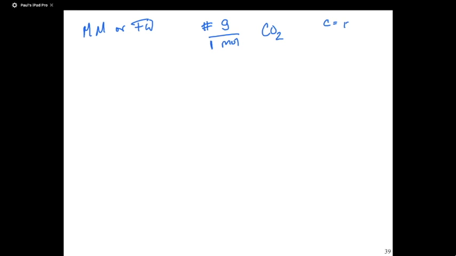Carbon weighs 12. Oxygen weighs 16 times 2 equals 32. Add them all up. It would be 44 grams on the balance will be equal to 1 mole. Okay. Now, when we do problems, we do want to go to the hundredths decimal place, but this was quick and easy to calculate. Okay.